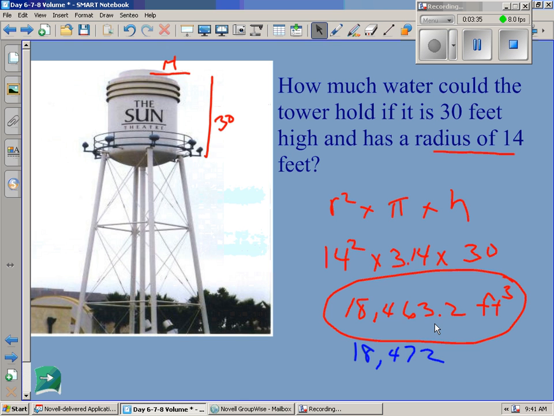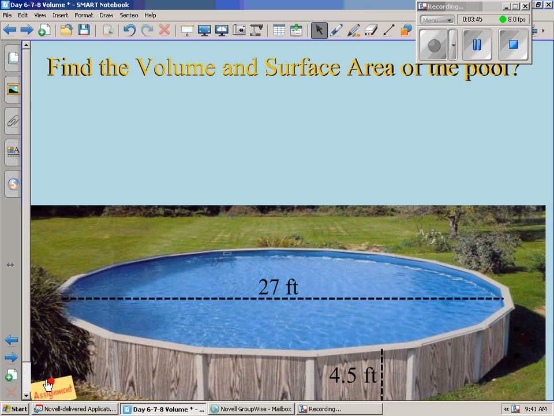Now, on your paper for your assignment today, it may help to write this volume formula on the top. Because now that you have the volume formula on the top, we can also find the surface area. So in this problem that you see here, if we wanted to know how much water this pool held, that would be our volume. So we're going to calculate r squared times pi times h.